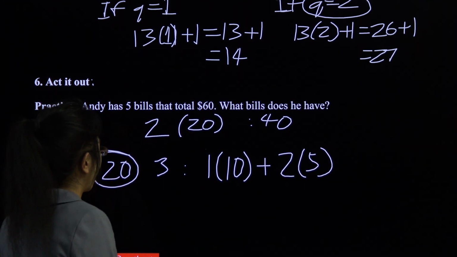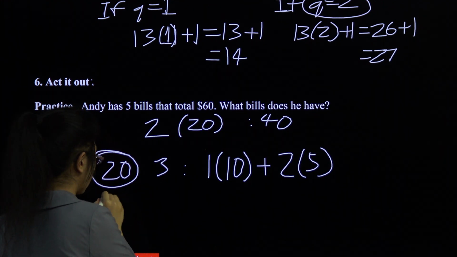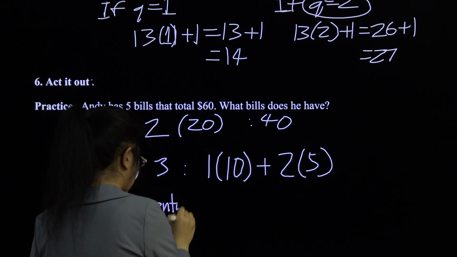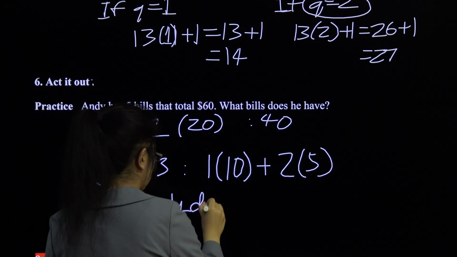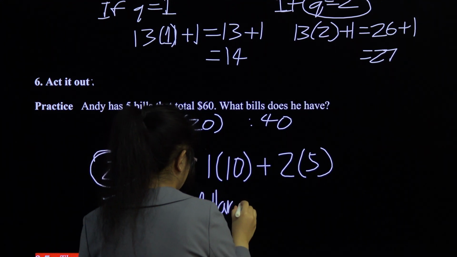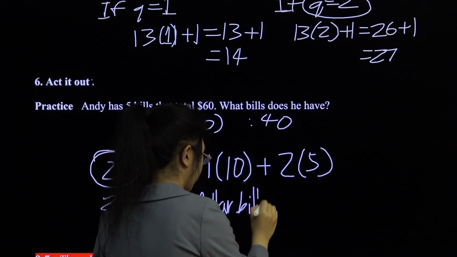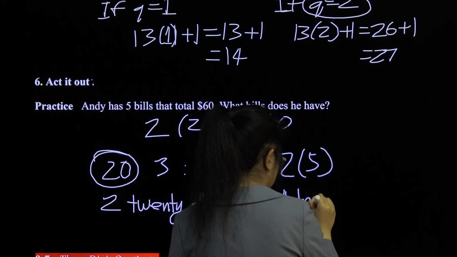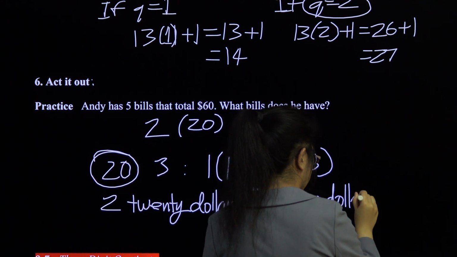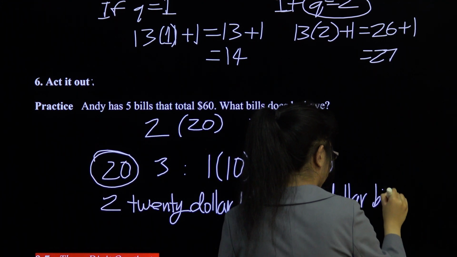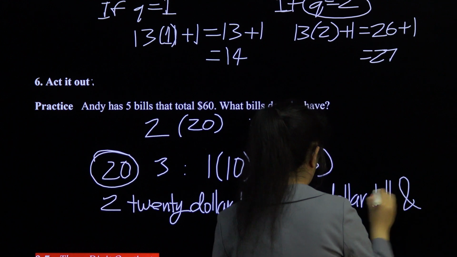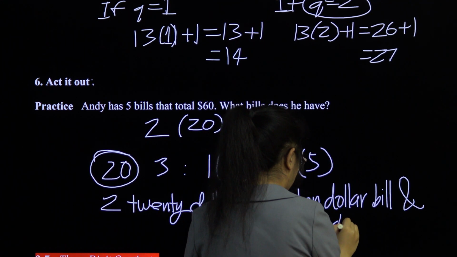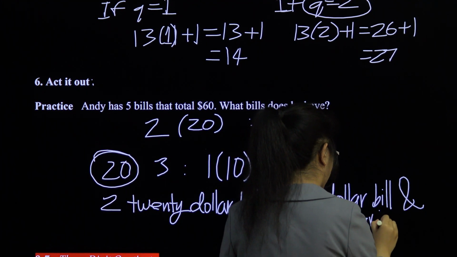Well, now we know what bills he has: 2 $20 bills, 1 $10 bill, and 2 $5 bills.